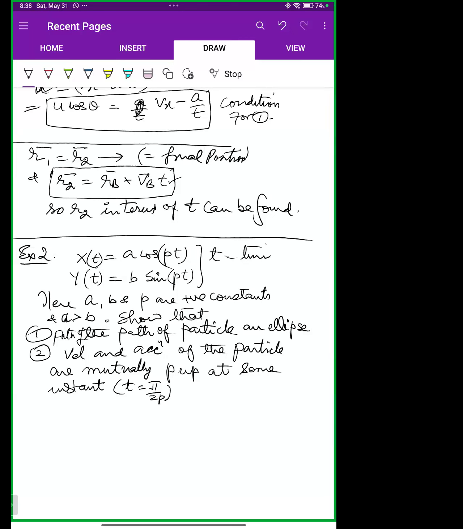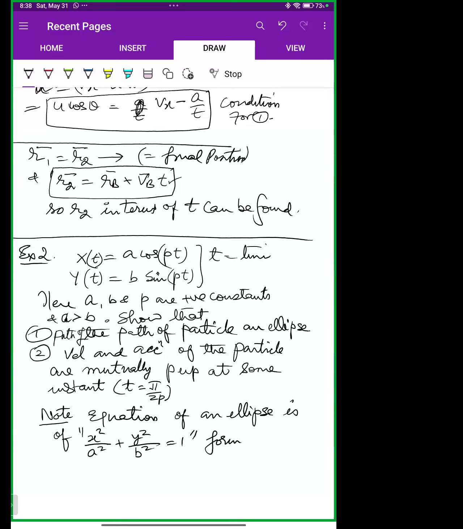So now note the equation of an ellipse. This is a fact, something that has not been told to you yet. What is missing here in the equation of an ellipse?